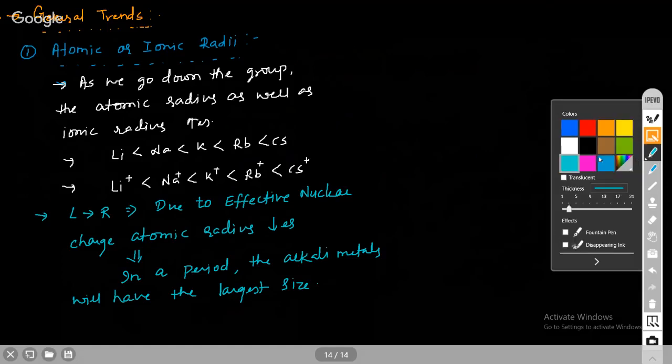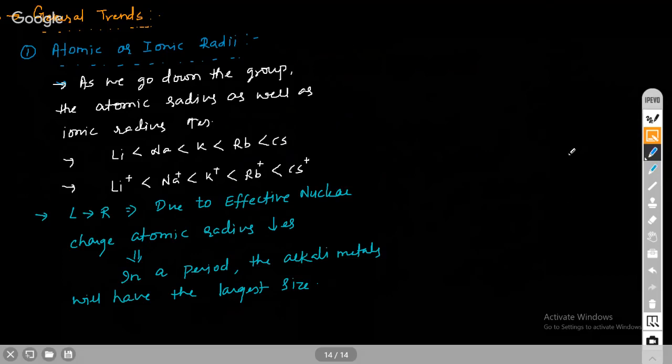Now the second thing here is ionization energy. All these terms I have discussed in periodic properties, so you must revise that. Write down the definition for ionization energy.